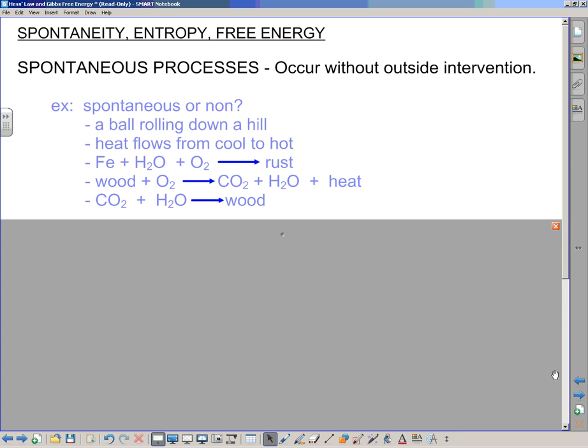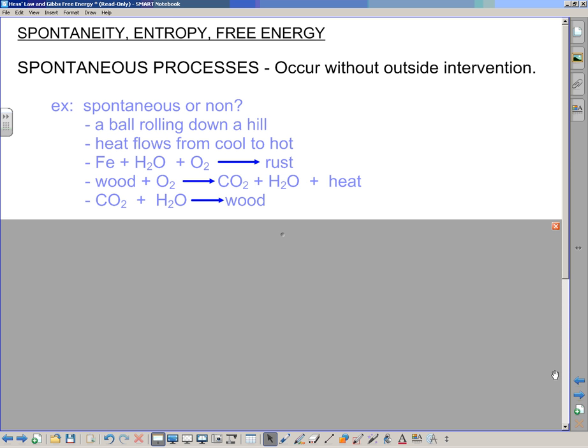What does the ball do? Rolls down the hill. Okay, now, was that ball acted on by an outside influence? Gravity. So does gravity considered an outside influence make this a non-spontaneous process? What you need to start thinking about is not just the ball. Think about the system in general.